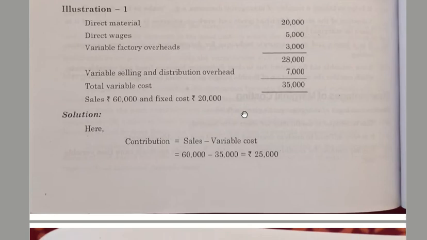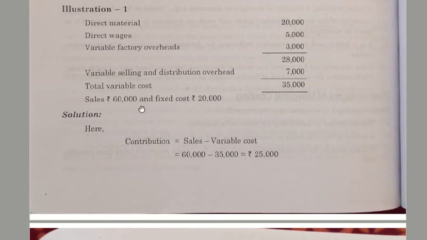So our first problem: direct material is 20,000, direct wages is 5,000, variable factory overheads is 3,000. They have totaled it and given 28,000. We have variable selling and distribution overheads of 7,000. So you get 35,000 as your total variable cost.